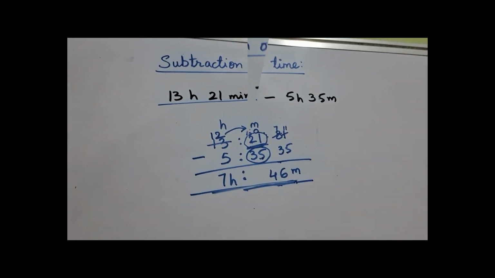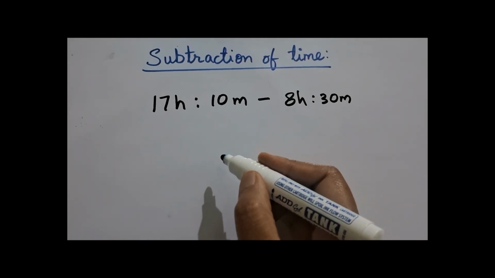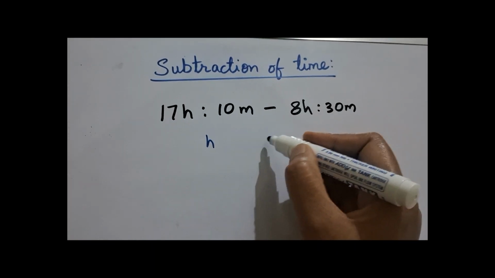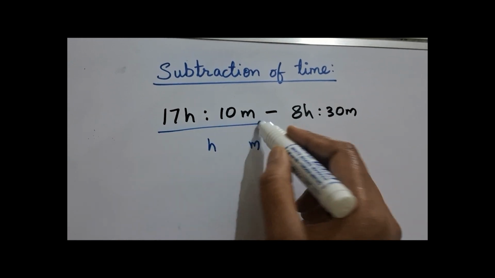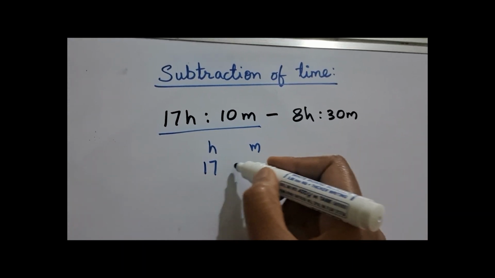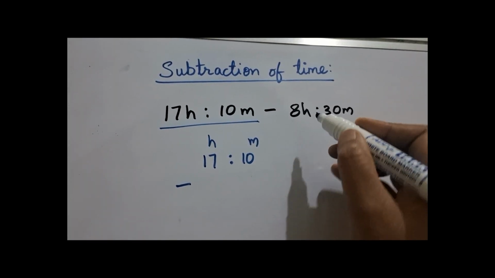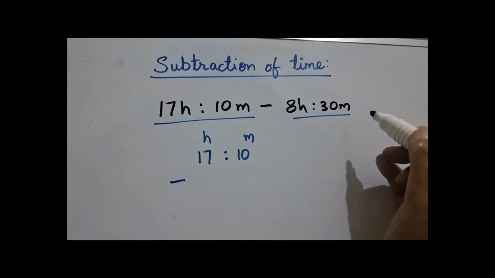Okay, children. Now let's practice one more problem. Subtraction of time, hours, minutes. 17 hours 10 minutes minus 8 hours 30 minutes.